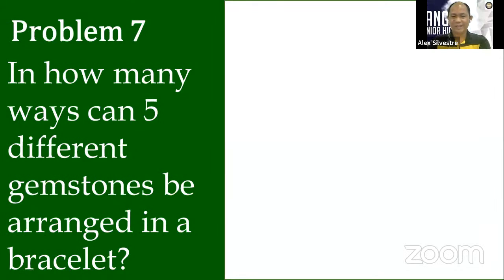The difference from the previous one is that your answer there was 24, right? You just divide it into 2 parts because we have an option that you can rotate, either clockwise or counterclockwise. That's it, because we are referring to an object.